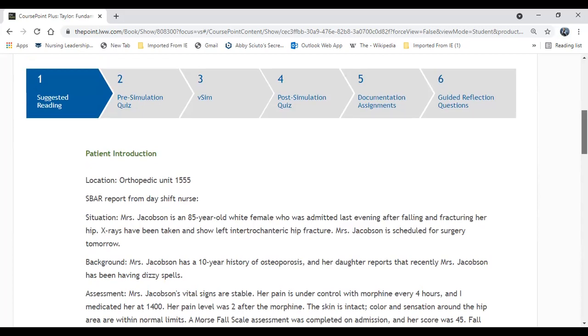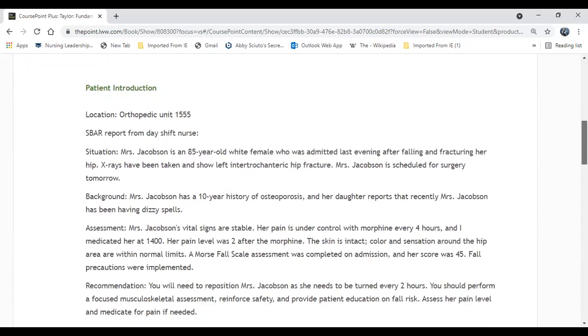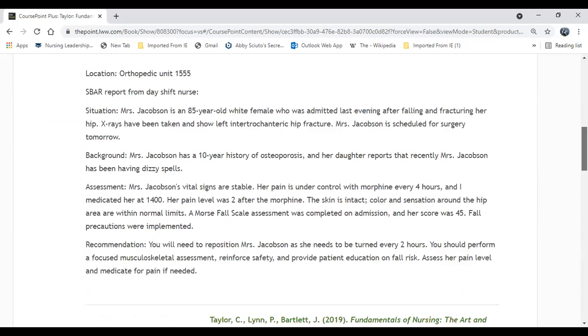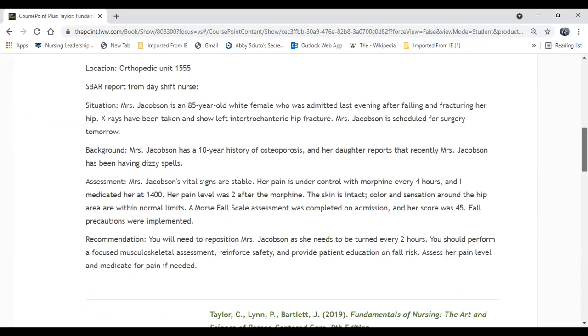Okay, so a lot of information in there for you, and most of the stuff you already have in your case study, but there are a couple of things you want to be aware of. The Morse fall scale goes under activity, where it says bed rest and all that, because she had a fall scale score of 45, which means she's at high risk for falling.